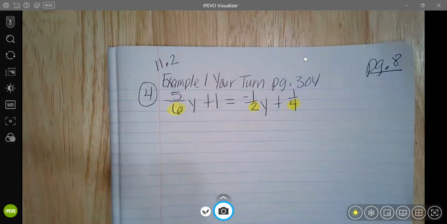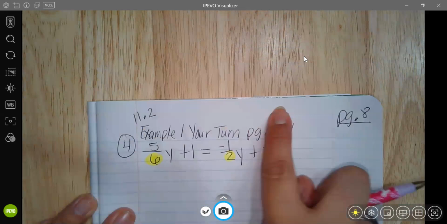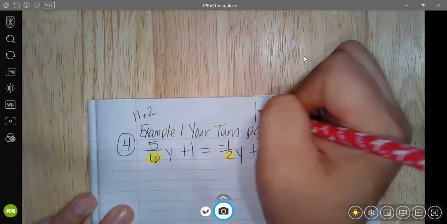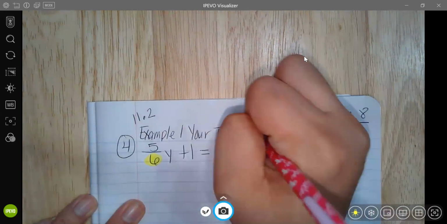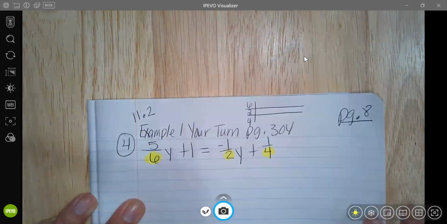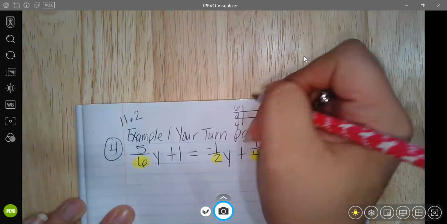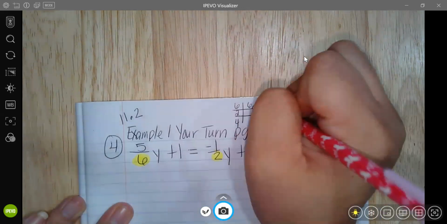I'm going to go up here to do our little T chart to find our LCM. I got 6, 2, and 4. I'm going to quickly do the factors here so I won't take up too much time.